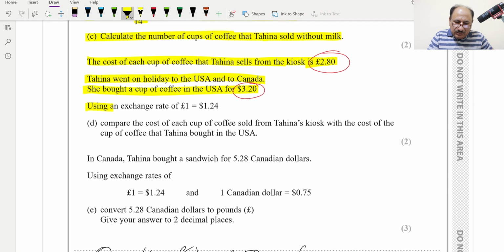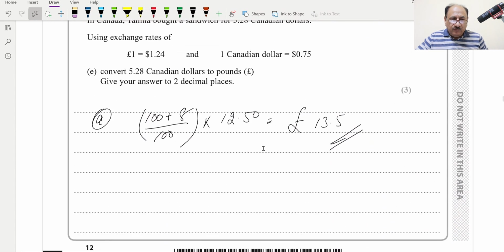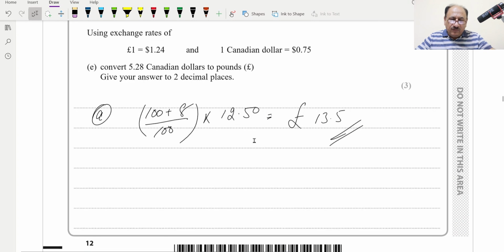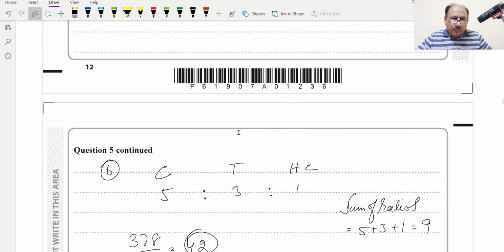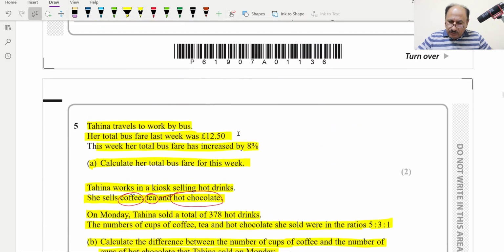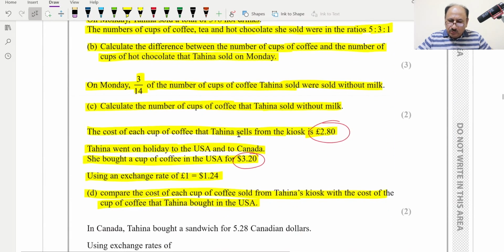And using an exchange rate, compare the cost of each cup of coffee sold from Tahina's kiosk with the cost of the cup of coffee that Tahina bought in USA. So we will basically be converting the price. 3.20 is in dollars, so we will convert this into pounds, and then we can assess this.